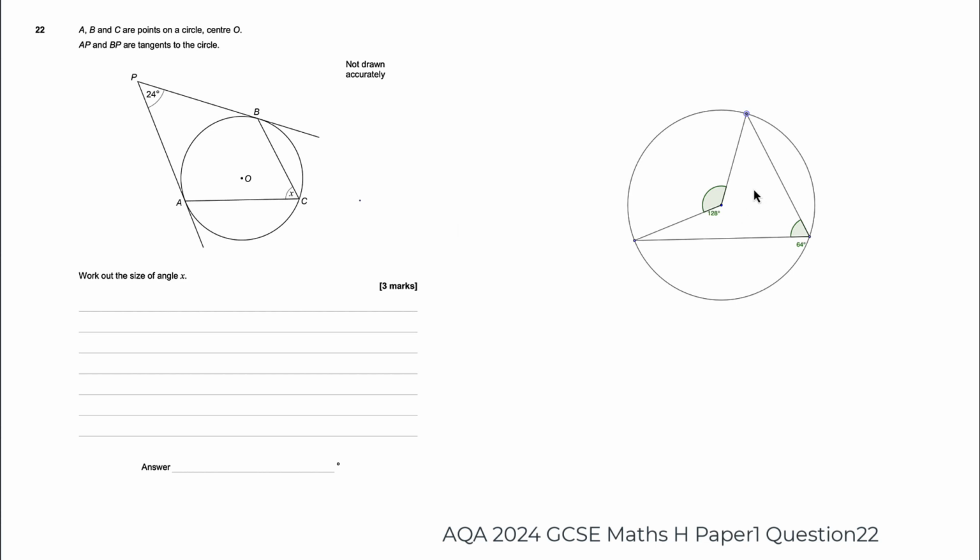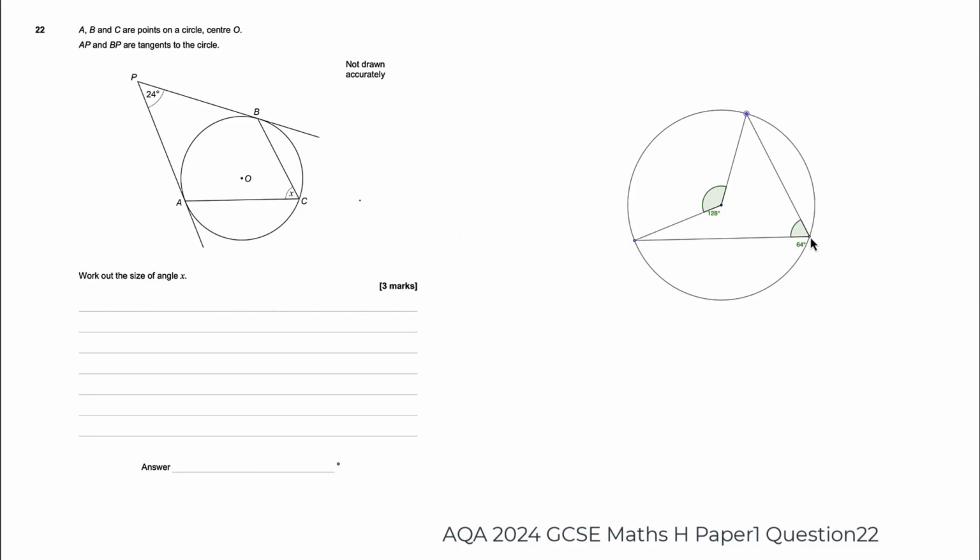So here we have a circle, and there's an angle at the centre of that circle. In this case it's 128 degrees, and coming from these two same points there's an angle at the circumference, and you can see in this particular case that that angle is 1/2 of this angle.